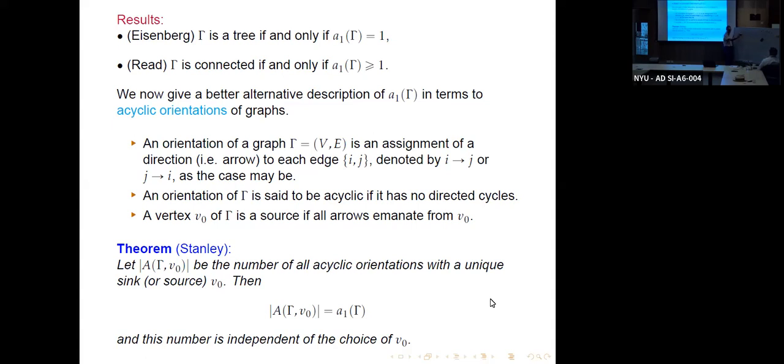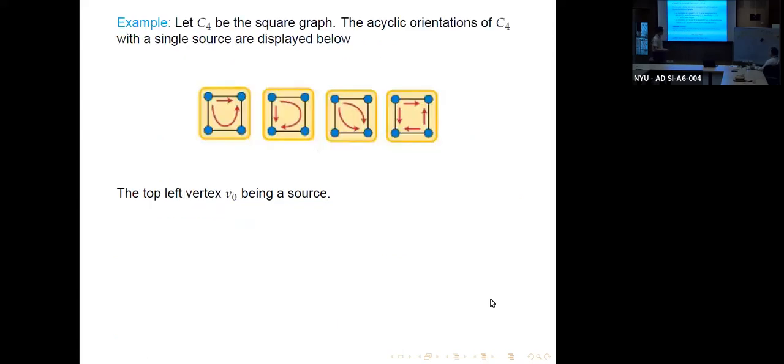You're going to orient your graph in all possible ways so that you do not have a cycle, and also so that you have a unique source. So this is called an acyclic orientation with a unique source. I'll give you an example. A1 is that number when you count.